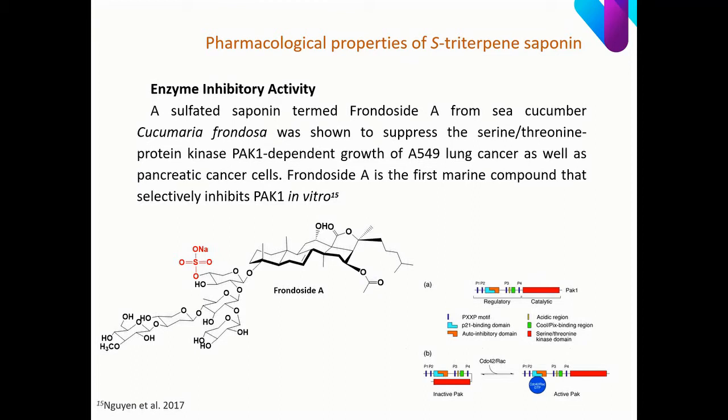Another mode of action or physiological action of sulfur-containing saponins is enzyme inhibitory activity. Frondoside A from Cucumaria frondosa, which is a sulfated saponin or sulfur-containing saponin molecule, was shown to suppress the serine choline protein kinase, abbreviated PEG1, dependent growth of lung cancer cell lines, as well as pancreatic cancer cells.